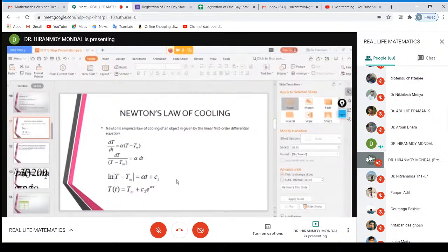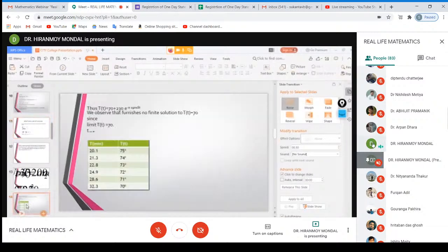This is the formula for Newton's law of cooling. And you see in this table, when time increases, the temperature decreases. It will always be proportional. Any hot item you put on this table, after 5 minutes it will cool and cool. So you can apply this formula.